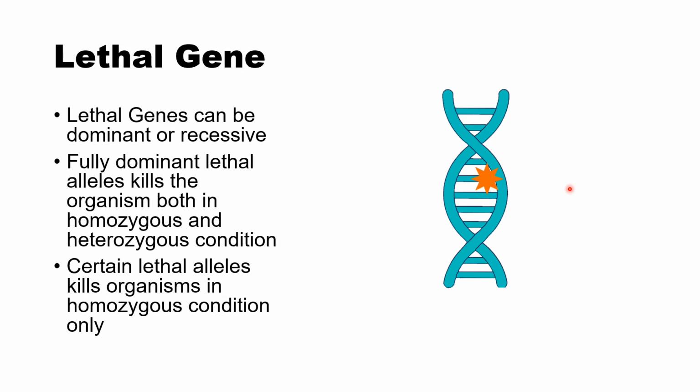So, if you are unlucky and the lethal gene you got is a dominant lethal allele, then even if you are heterozygous, even if you have a recessive allele that is not a lethal gene, the dominant lethal gene will still dictate the effect on the phenotype. It can kill the organism even if it is heterozygous, especially if it is homozygous.